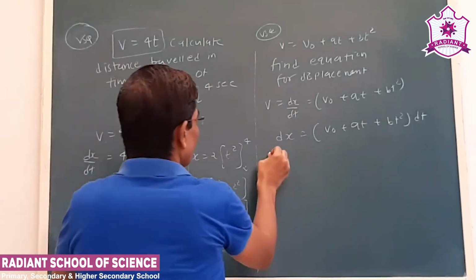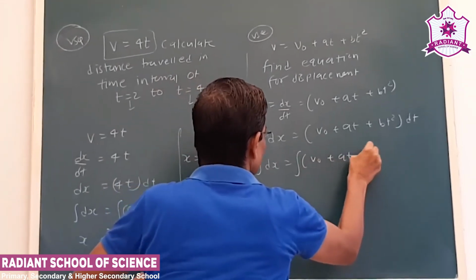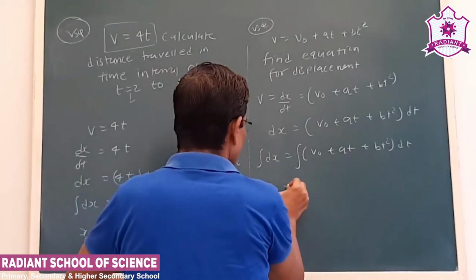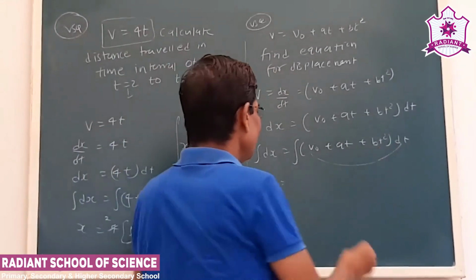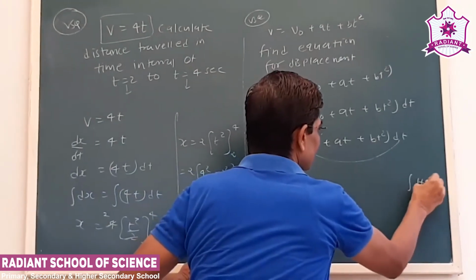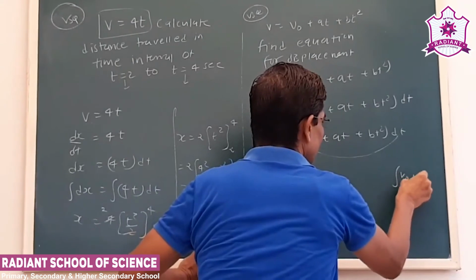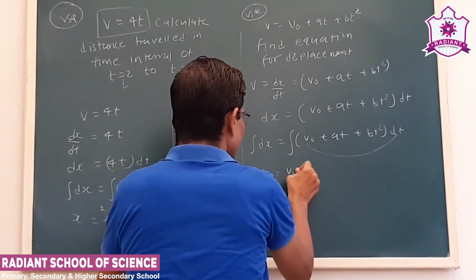Now we take integration on both sides. Now see, here v naught into dt. V naught is constant term. Integration of dt will be t. Integration of v0 dt will be v0 t. So we can write v0 t.